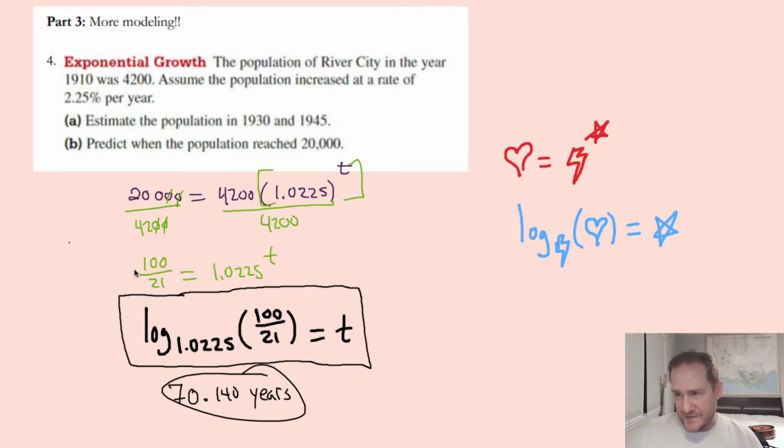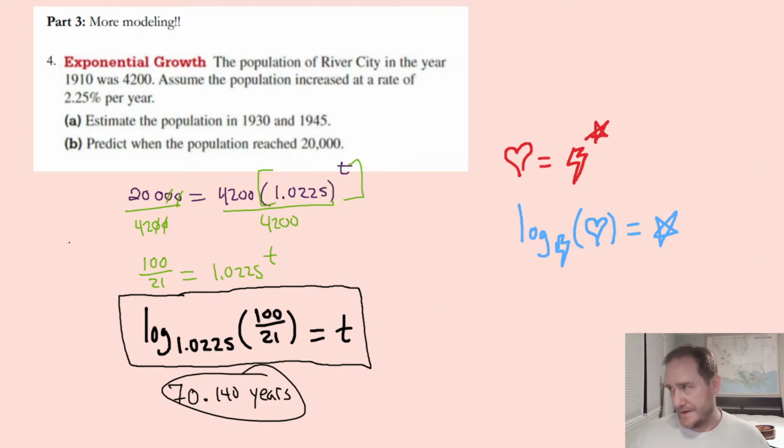But you really quickly can just convert this to a log, and then you're done. This is your answer, this log expression. You don't have to give me the 70 point blah blah blah. You would just give me the exact value, which has to be left in terms of the logarithm. So the answer you would give me is log base 1.0225 of 100 over 21.